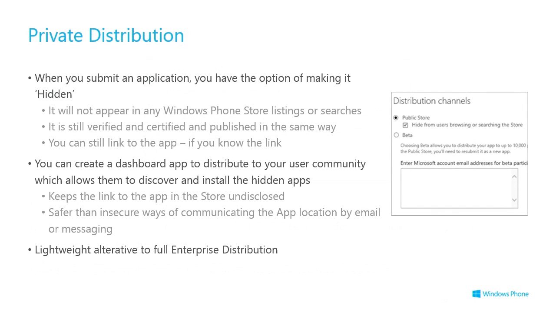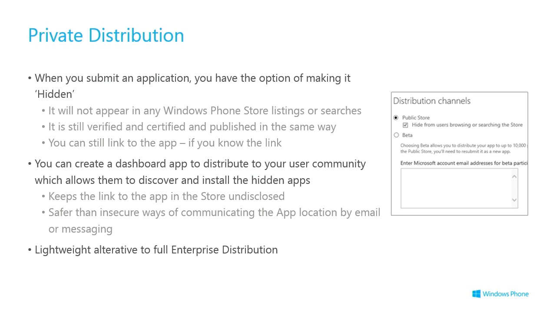You can also submit it through to the public store, but you can choose to have it as a private distribution. This means your app does go through all the full testing. It gets verified, and eventually Microsoft, hopefully first time, will say, yeah, your app is great, and it's going to be distributed through the store. And then normally, if you don't check that hide from users browsing or searching the store, then it will turn up in searches when people are in the Windows Phone Store app.